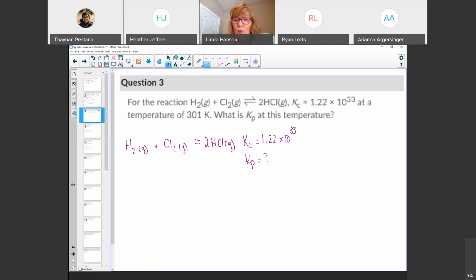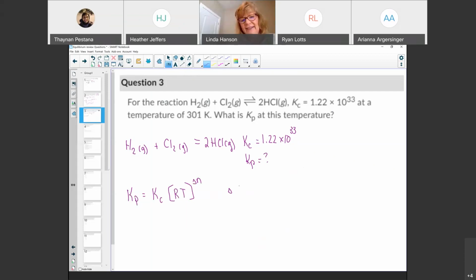So we're looking at a balanced equation converting a Kc to Kp, and this is one of those equations that we should know, that Kp is set equal to Kc, and we take the ideal gas constant R times the Kelvin temperature and raise that to the delta N. That's our formula for converting Kps into Kcs or vice versa.